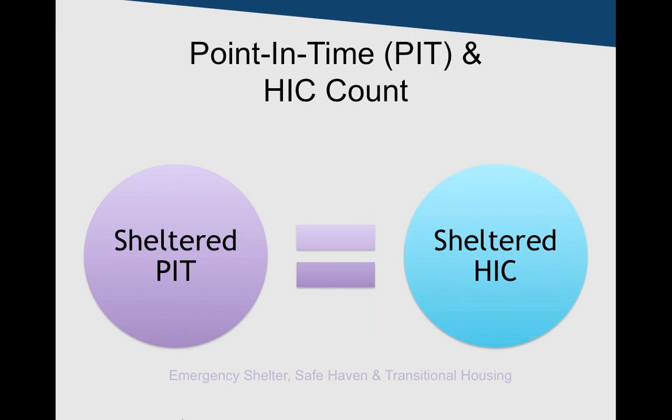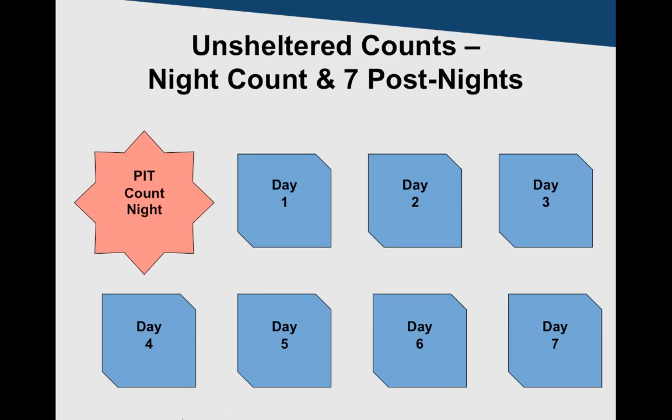Any discrepancies between the sum total number of sheltered persons counted on the housing inventory count and the number of sheltered persons counted on the point-in-time will result in a validation error requiring the CoC to make corrections.